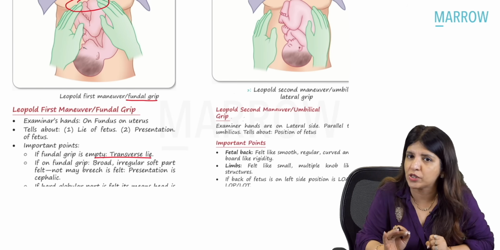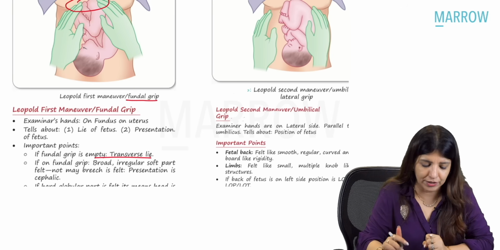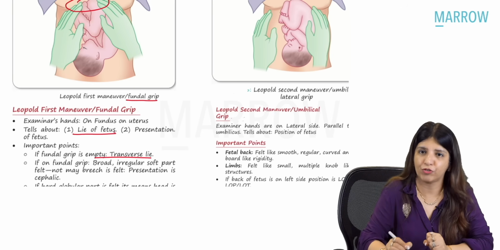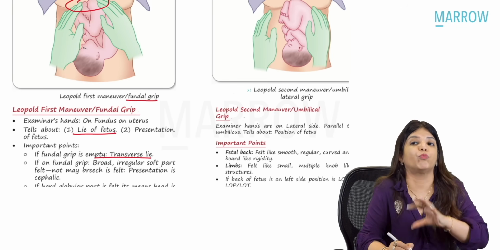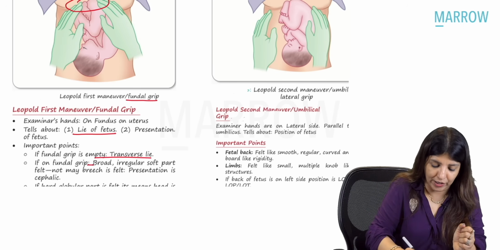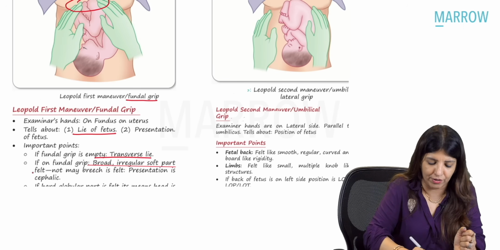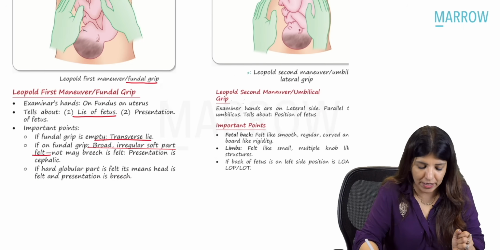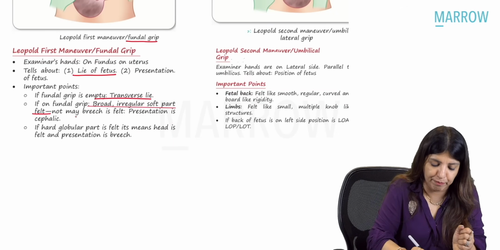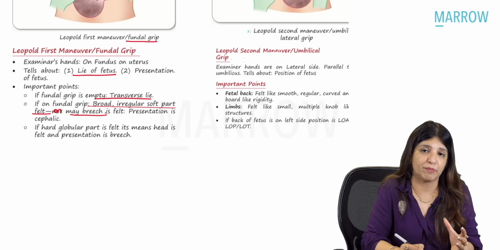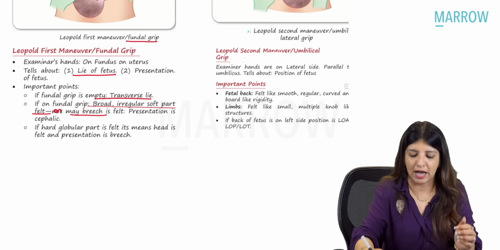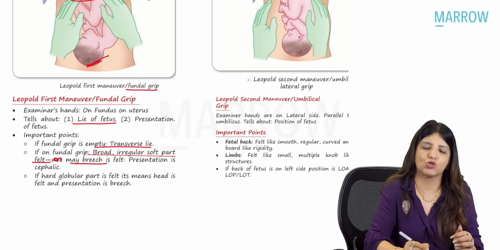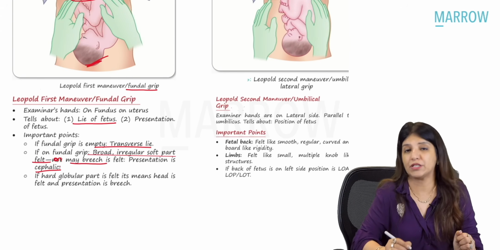So Leopold's first maneuver, which is also called fundal grip, tells you about the lie of the fetus. Now, depending upon what you are feeling, if on fundal grip you are feeling a broad, irregular, soft part, that means you are feeling the breech, the buttocks of the baby, and that means buttocks of the baby are up, so head of the baby has to be down, and that means it's a cephalic presentation.